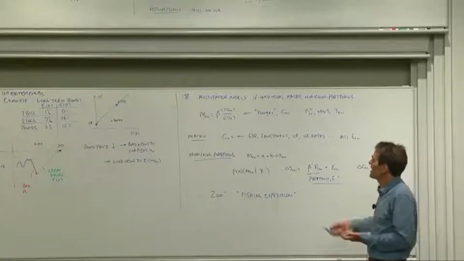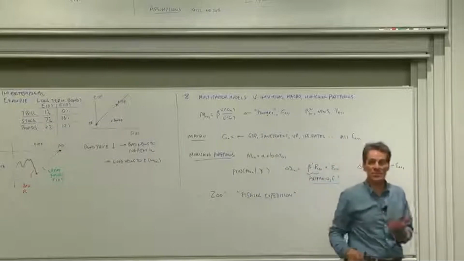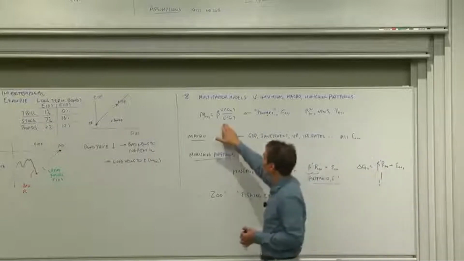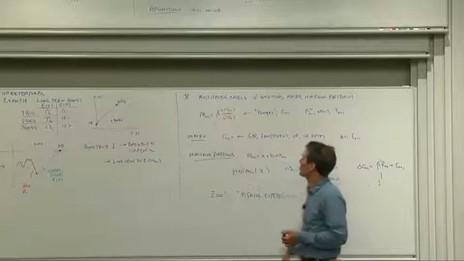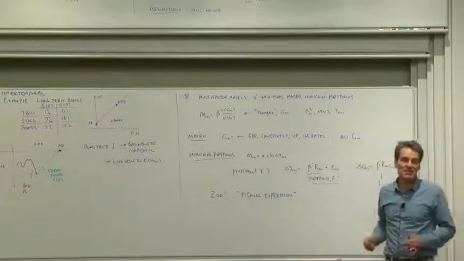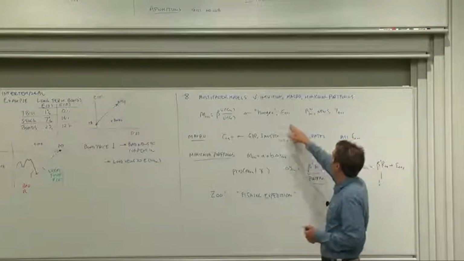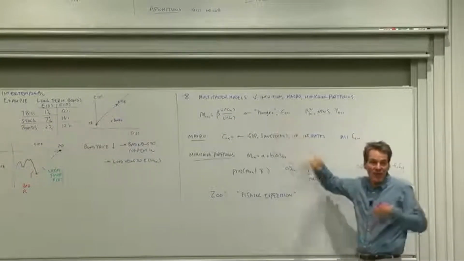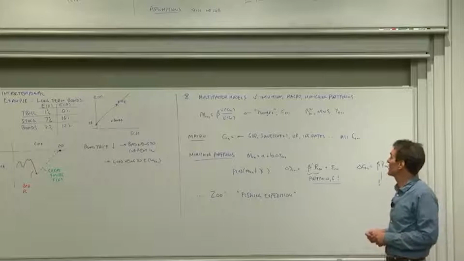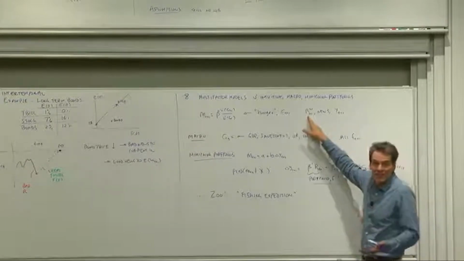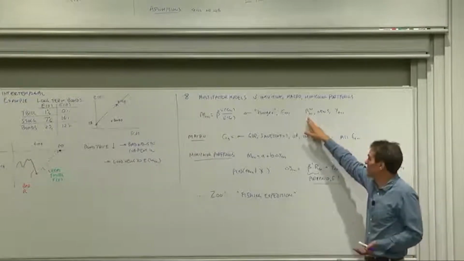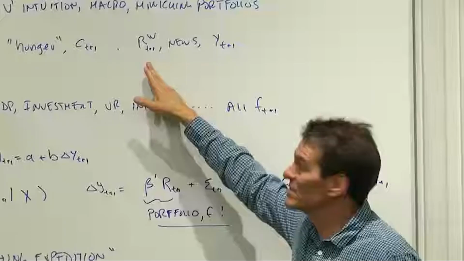The other way of looking at it is just directly as proxies for consumption. We have an underlying theory that M, the discount factor, is proportional to marginal utility. So let's just think about stuff that might affect marginal utility or hunger, the inverse of consumption, or might affect consumption itself. Any of those are inspiration for multi-factor models. Obviously, the return on the stock market is going to affect consumption and marginal utility.